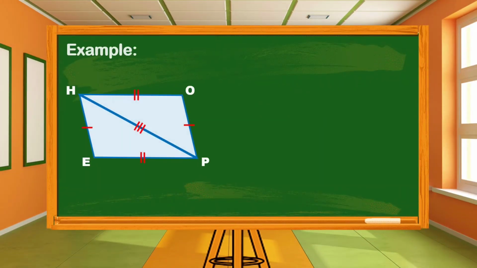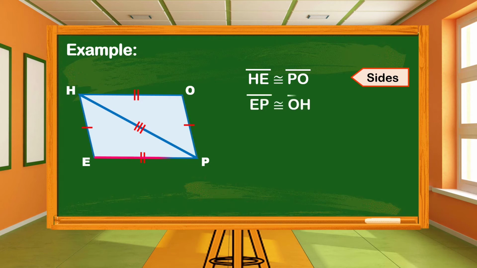Let us have an example. We have triangle HEP and triangle POH. Based from the parts that are marked identically, we can say that line segment HE is congruent to line segment PO, and line segment EP is congruent to line segment OH.